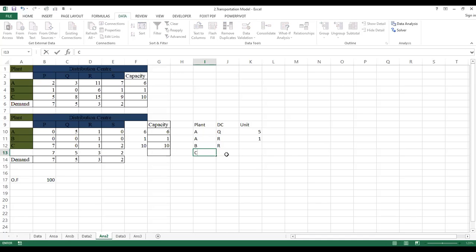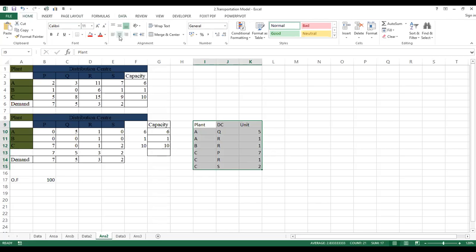Then C sends 1 unit to P, and C to P, R, S. Okay, if you do this, this is the distribution you have to follow. You have to share this with the supply chain team, and they have to adopt this network only. They should not change. If they change, what will happen? Either supply and demand will not be supported, or cost will increase. It will not decrease, it will increase. This is the situation.